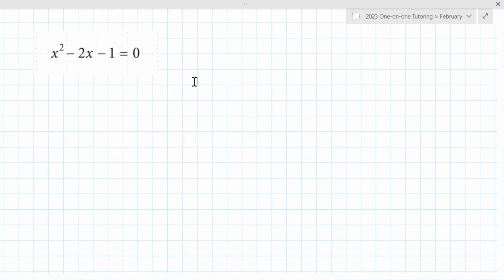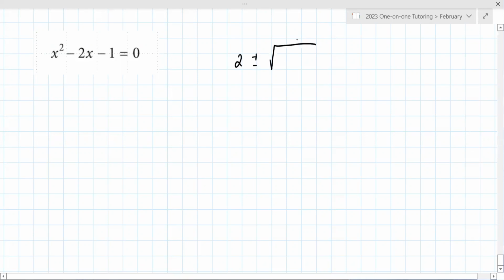Okay, so 2 plus or minus the square root of 8 over 2. Like this. Yes. Can you reduce the square root part?